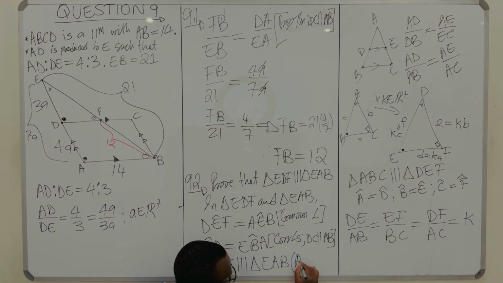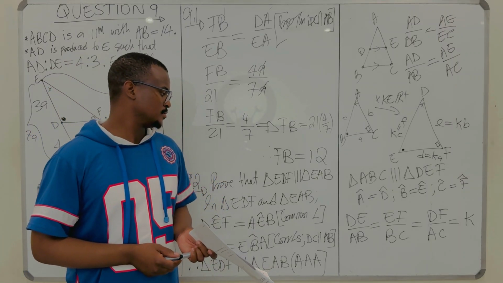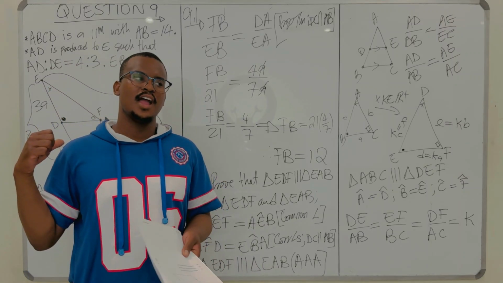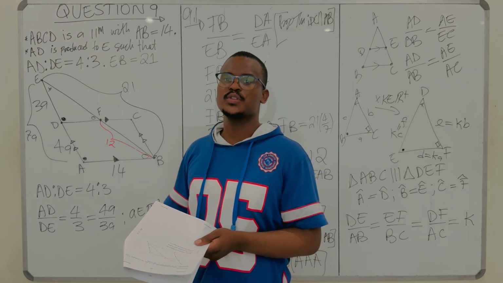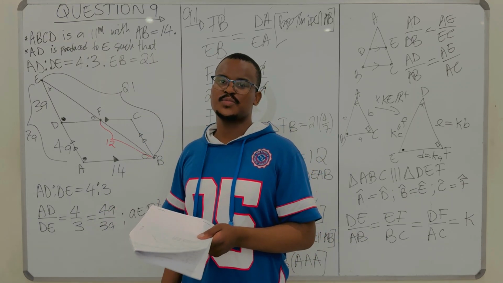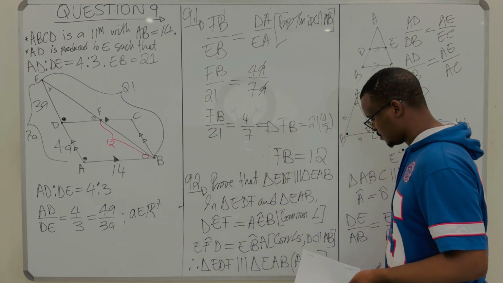Why? By angles. All angles. These two triangles have equal angles. These are equiangular triangles. So triangles that have corresponding equal angles are similar. So we've proved this. There it is.